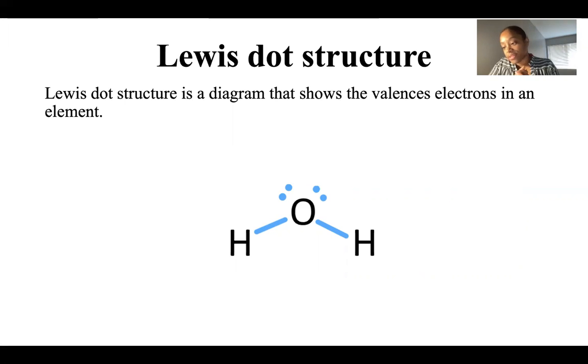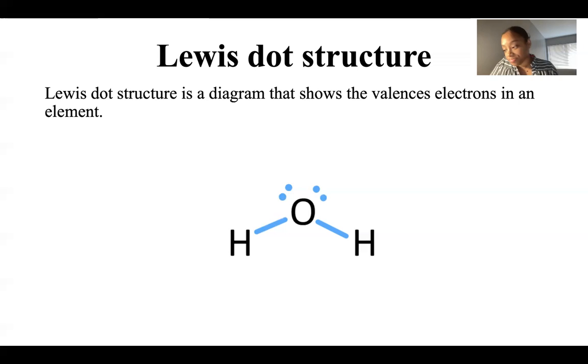Right, so you can also write Lewis dot structures for compounds. Like this is H2O right here, this is water. In this case, oxygen is represented by O, and oxygen wants to fill its outer shell with 8 total electrons.